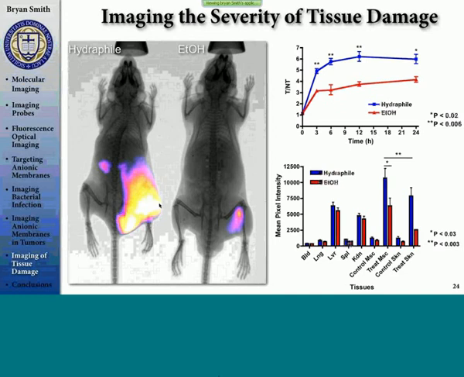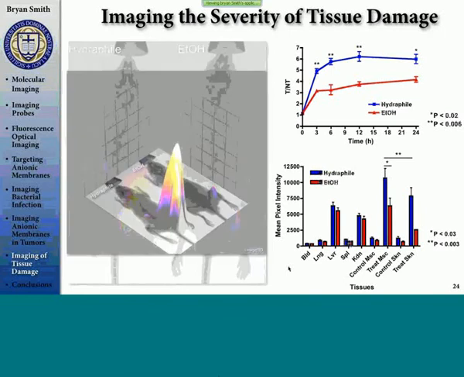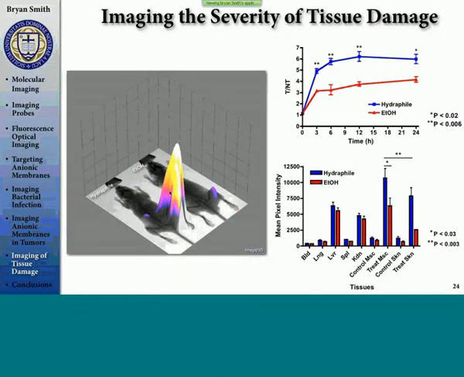So this is showing that with the higher target to non-target ratio, we're imaging the severity of the tissue damage, because with the hydrophile, there's more tissue damage occurring than with the ethanol. And the same can be said about the biodistribution graph. We have significantly higher probe accumulation with the hydrophile than with the ethanol. However, they're both quite high compared to other tissues in the body.